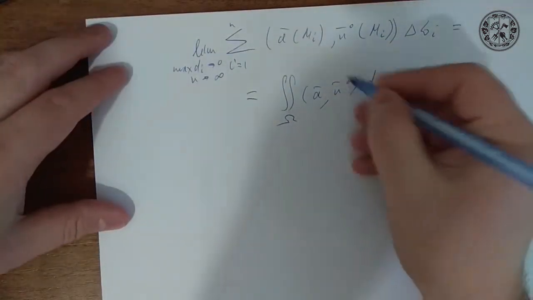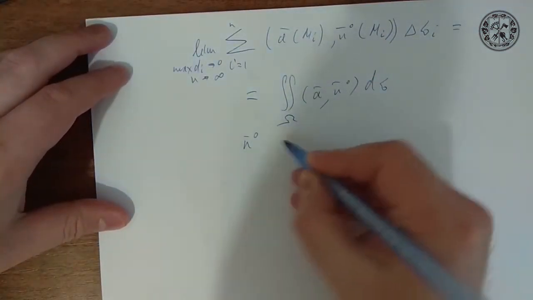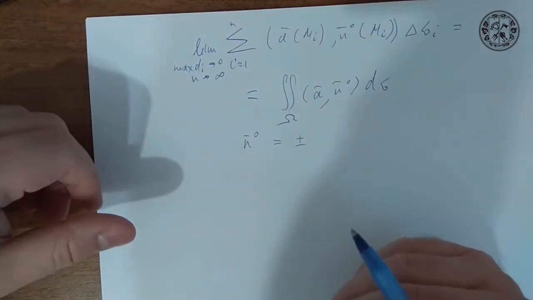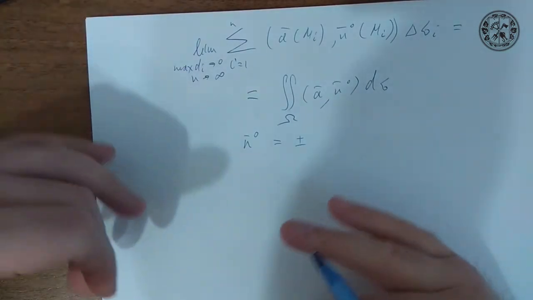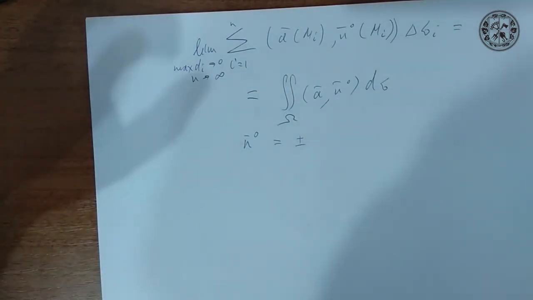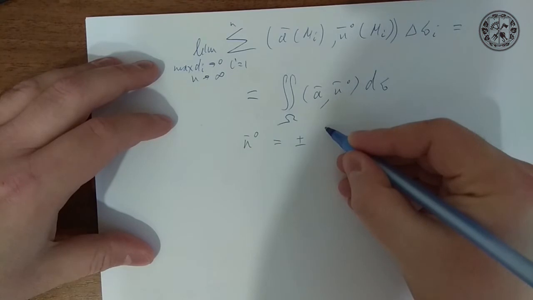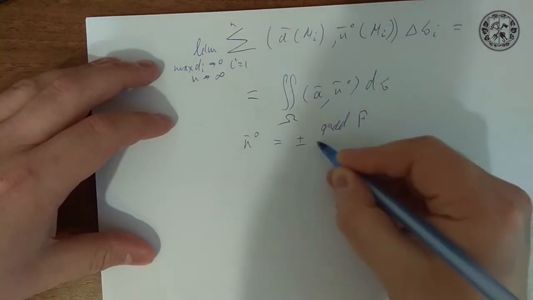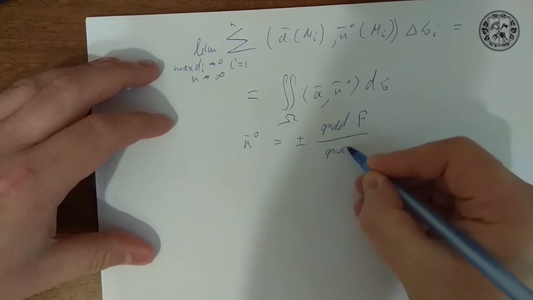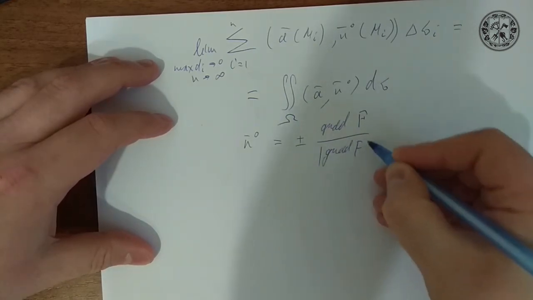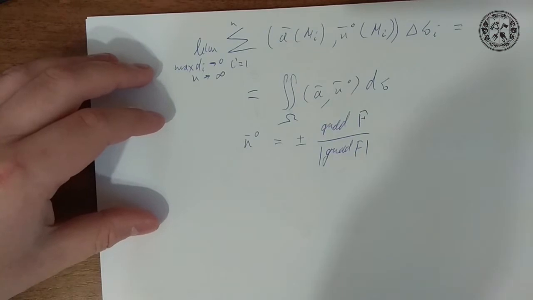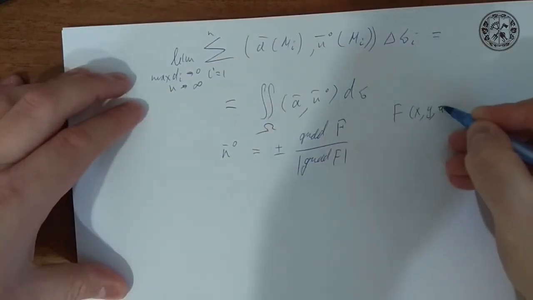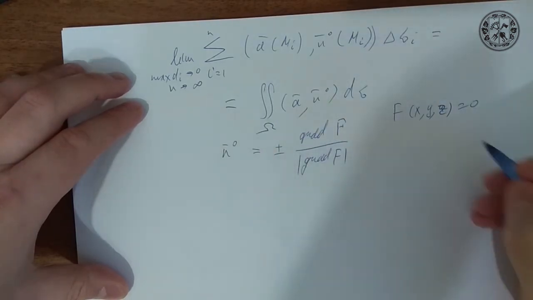We can calculate this n0 vector as plus or minus, depending on whether we need the inside part of the surface or the outside part of the surface, plus or minus gradient f divided by the absolute value of gradient f, where f is the equation specifying omega.